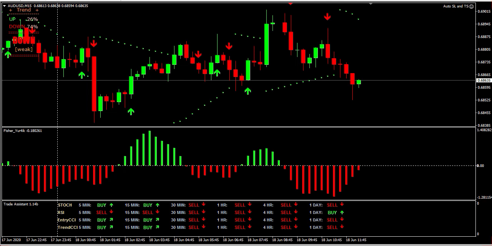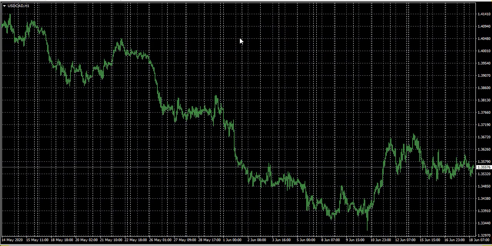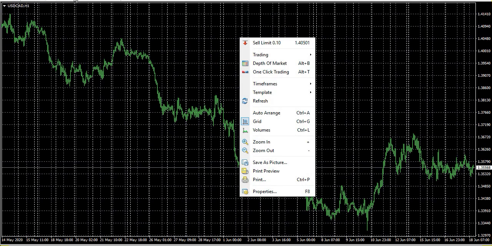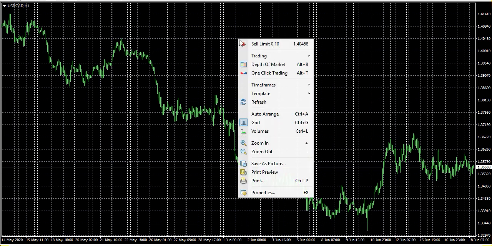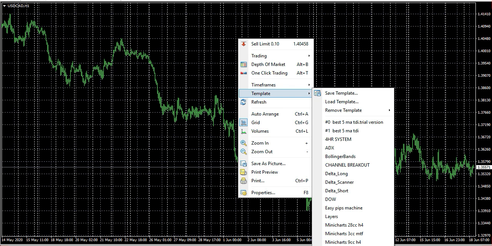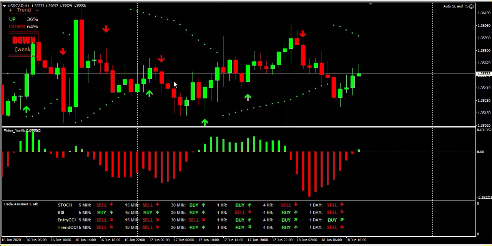Let me go to another new chart, and open USD CAD. Go to 1 hour first, go to template, apply the template, no-brainer.